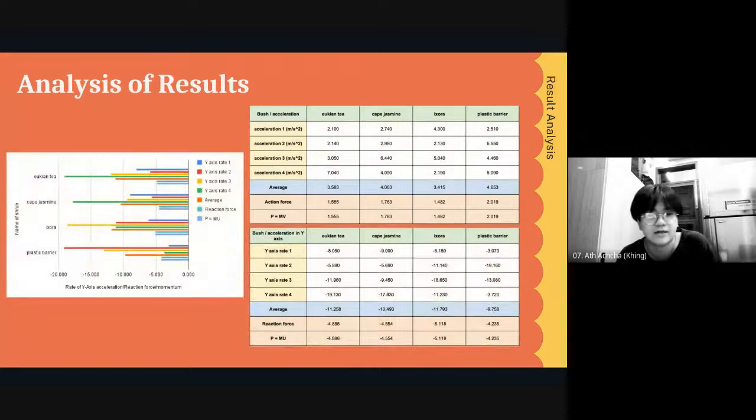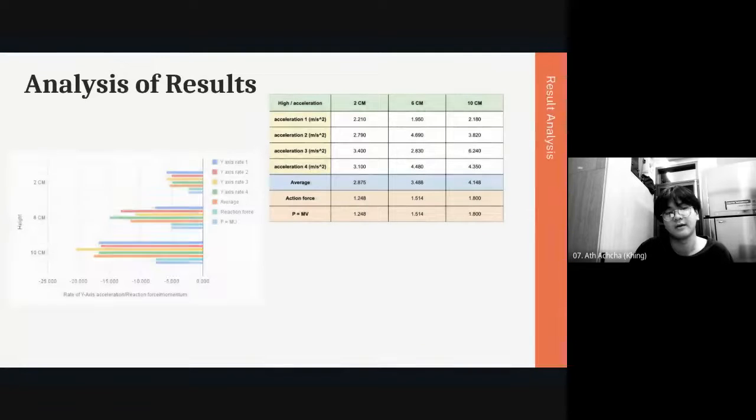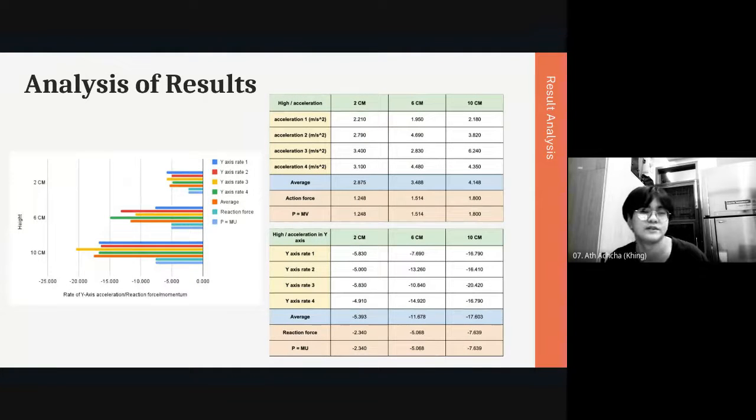And the third slide of the analysis of results represents the result of the second experiment, about different types of shrub but at the same height. And the fourth slide represents the result of the third experiment, about the same type of shrub but at different heights.